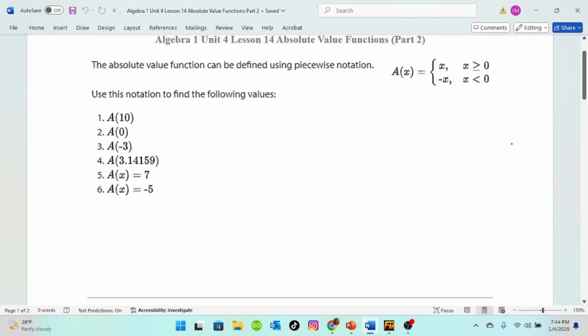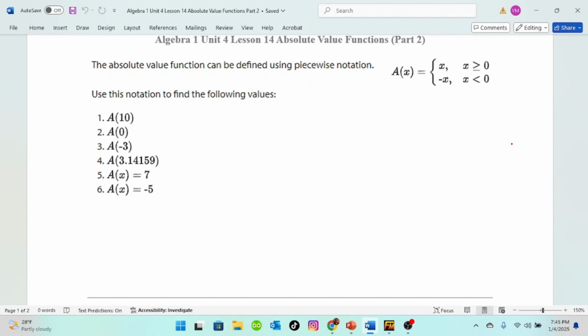Now we can start on the practice problems for Unit 4, Lesson 14, Absolute Value Functions. The absolute value function can be defined using piecewise notation. That's what we see to the right. Use this notation to find the following values.